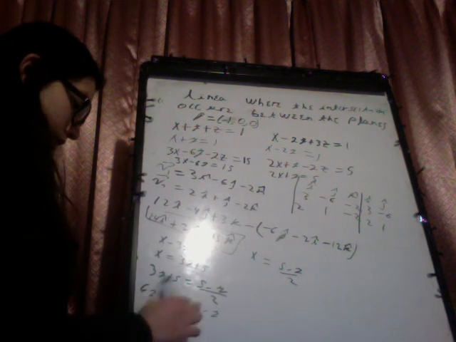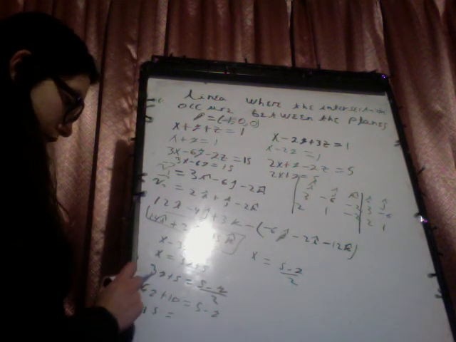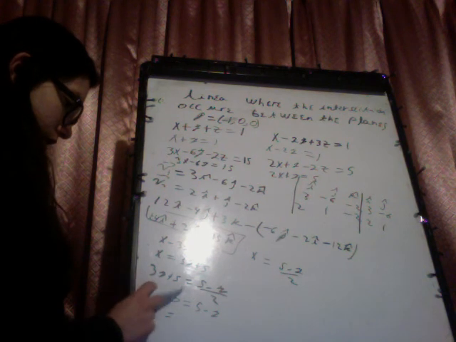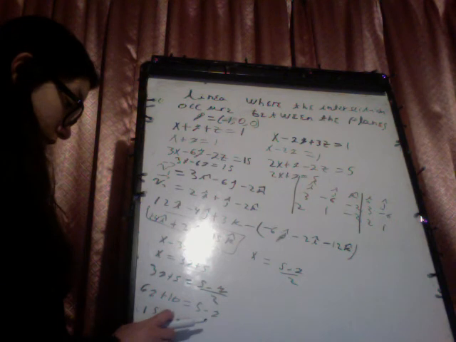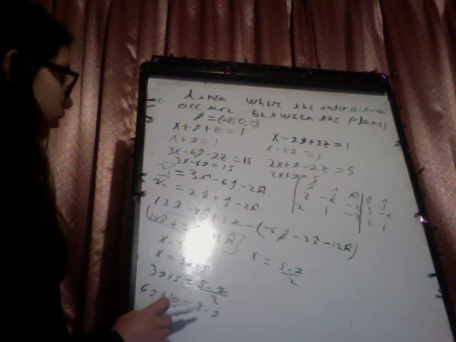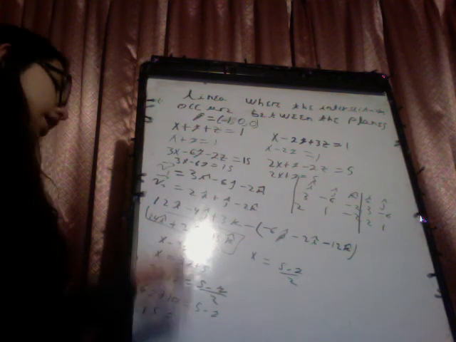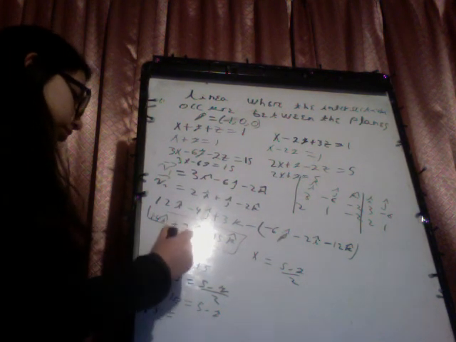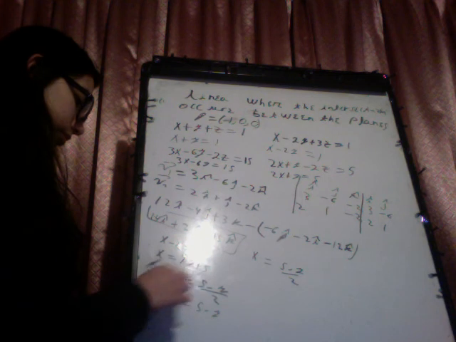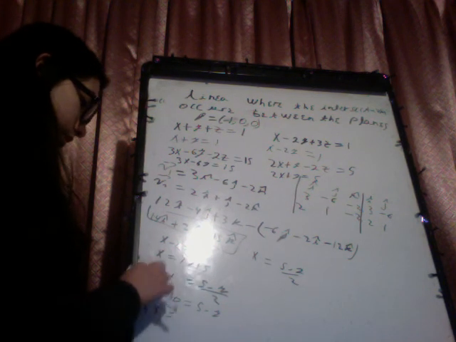Okay, so this is 6y plus 10 equals 5 minus y. I already realized what happened. Here is a 2. Okay.